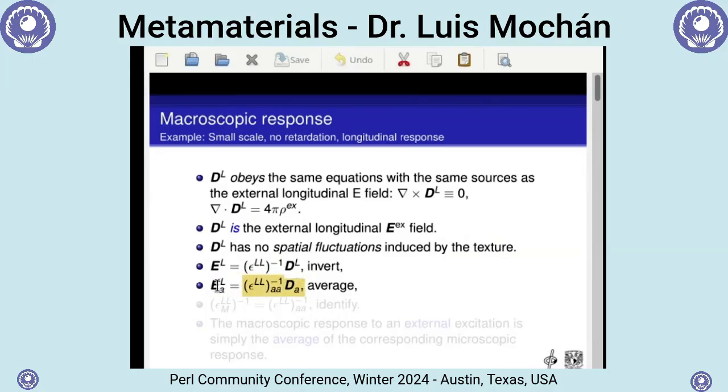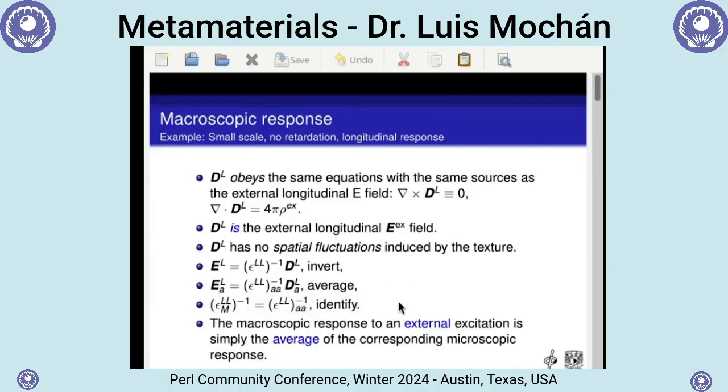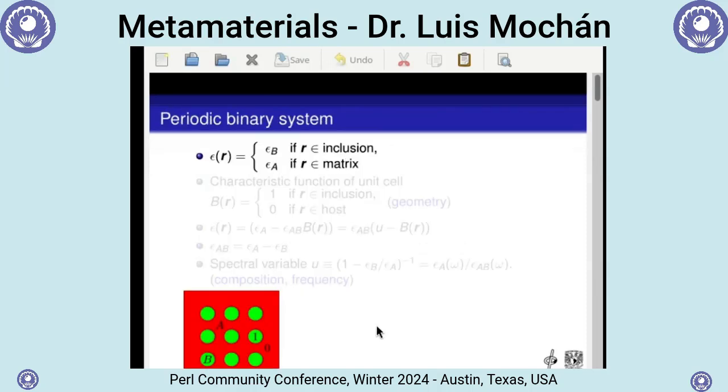But the average electric field is a macroscopic electric field, and the average longitudinal displacement field is just the macroscopic displacement field. Therefore, one can identify the response function here in the middle with the macroscopic response. So we have a recipe here to calculate the macroscopic response of the system. The response to an external excitation is simply the average of the microscopic response.